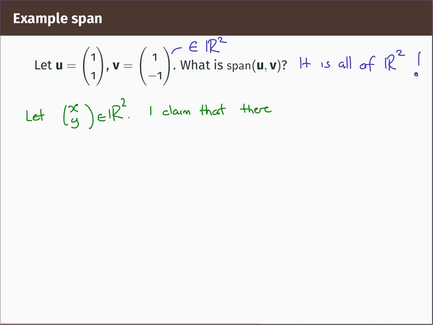I claim that there exist a, b, real numbers, scalars, such that a times u plus b times v is equal to the vector (x, y). And that's what we need to do to prove that the span is all of R squared. We need to prove that every element of R squared is equal to a linear combination of u and v.